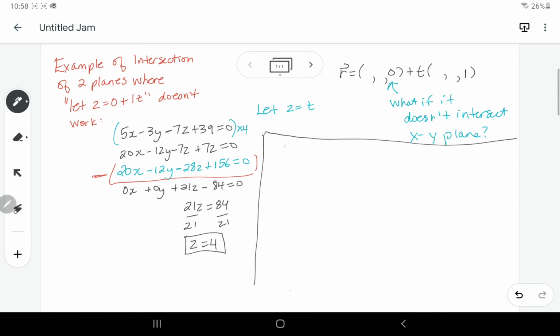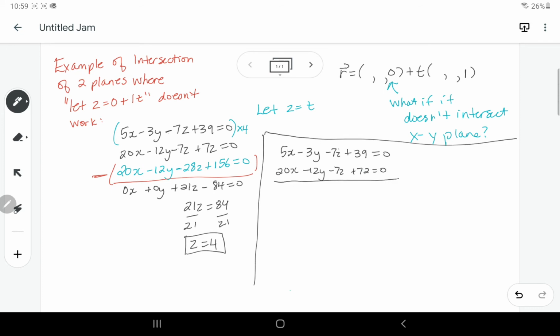So I'm going to take my equations again. 5x minus 3y minus 7z plus 39 equals 0. And 20x minus 12y minus 7z again, plus 72 equals 0.